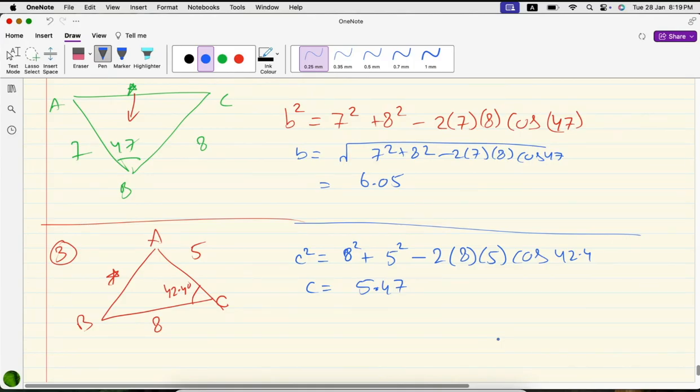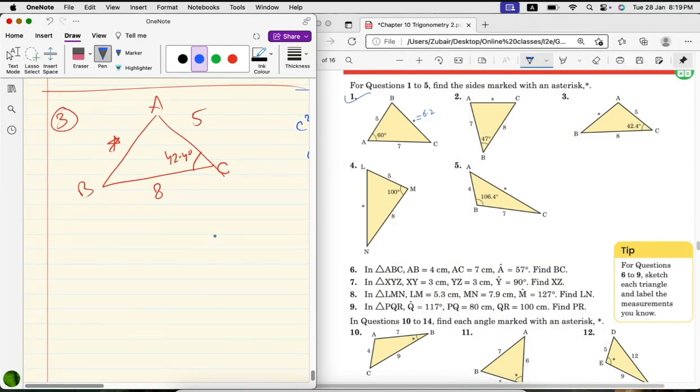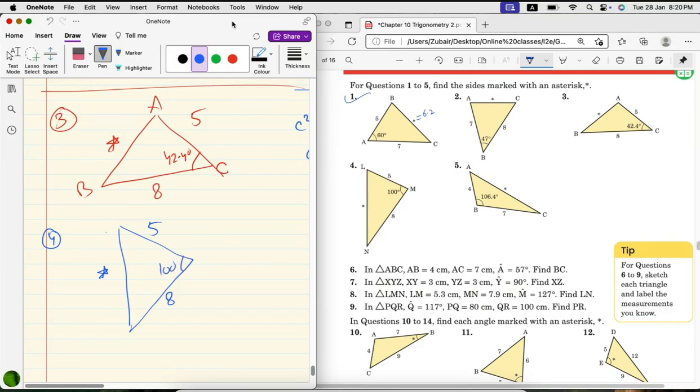Yes, sir. Okay. One more for side and then we'll move on to angle. Let's try this fourth one. 5, 8, unknown, and the angle is 100. Quickly try that.